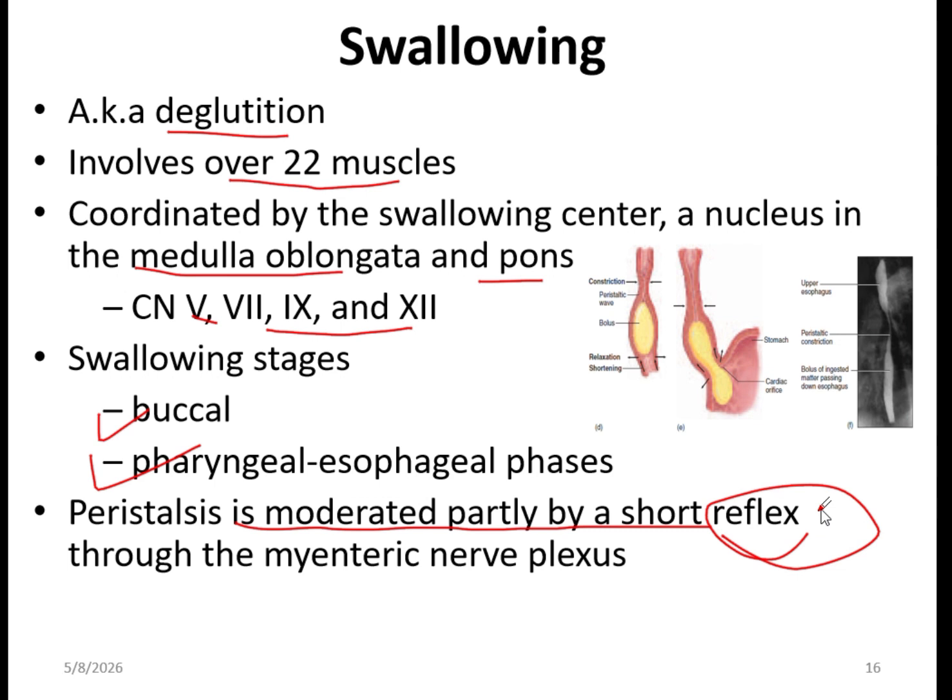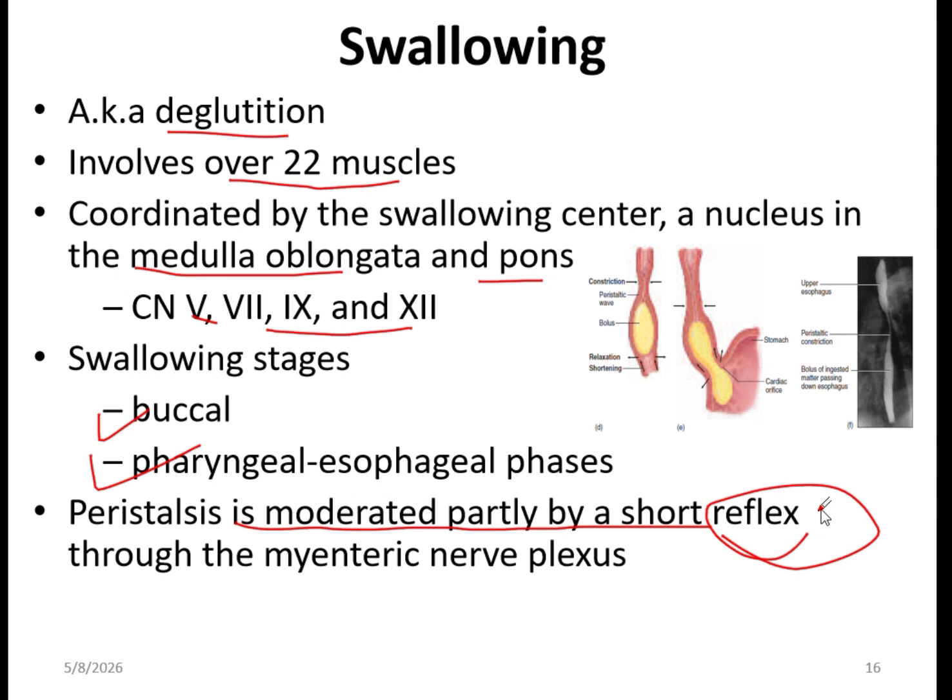So this is the part of the esophagus. If I talk about the muscle of the esophagus, the superior one third part is voluntary muscle. Voluntary muscle means skeletal muscle, and the inferior third part is involuntary muscle, that is smooth muscle. Yes or no? Yes.